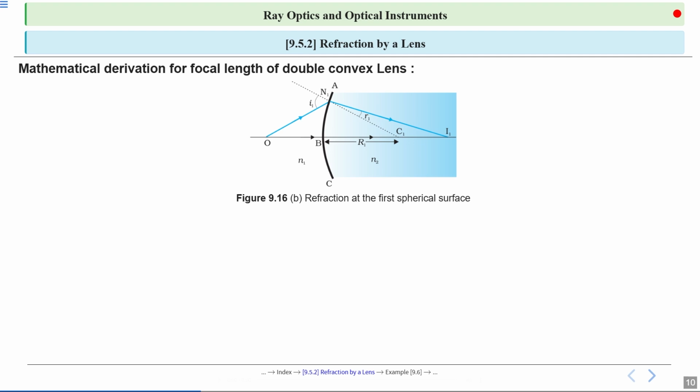The incident light from O is incident on the refracting surface ABC. We draw the normal at the point of incidence.